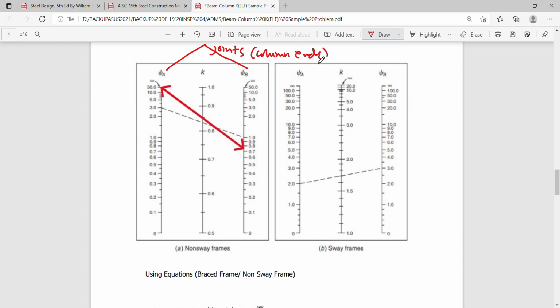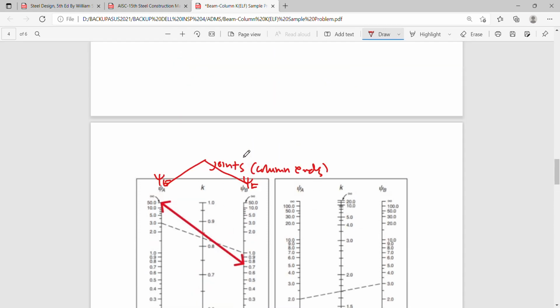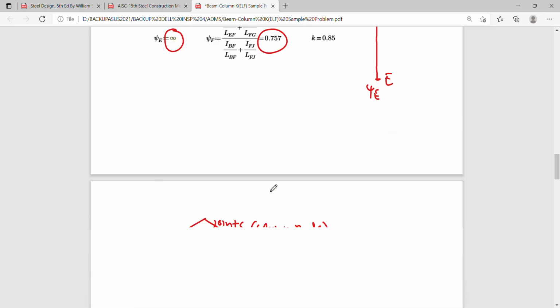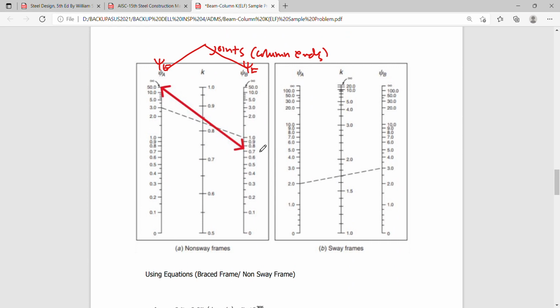So if I take psi A as my psi E and psi B as my psi F, I simply plot infinity, and here it is 0.757 or 0.76.